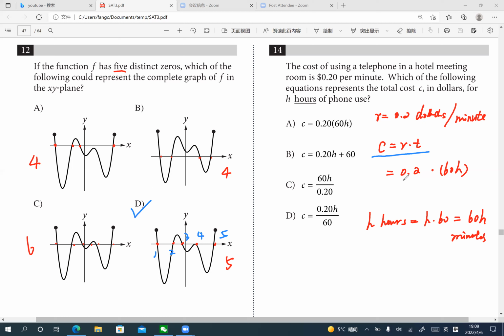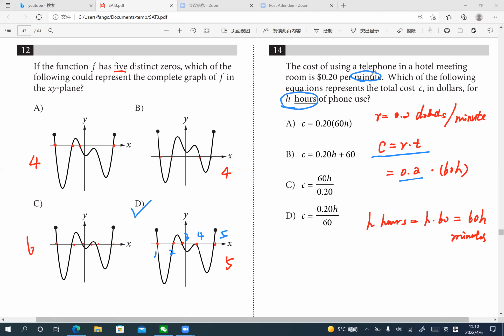And the rate we already know, $0.2 per minute. But the question is, which of the following equations represents the total cost in dollars for each hour? We should notice that the units are different. One is minute, the other is hours.